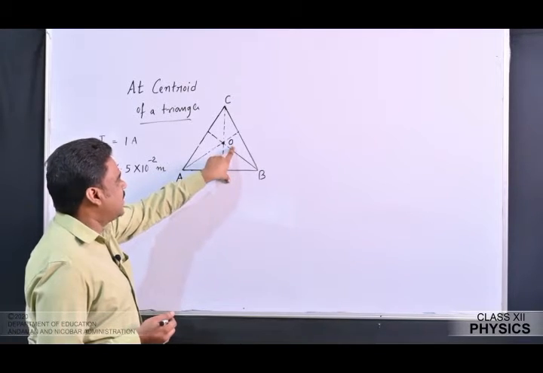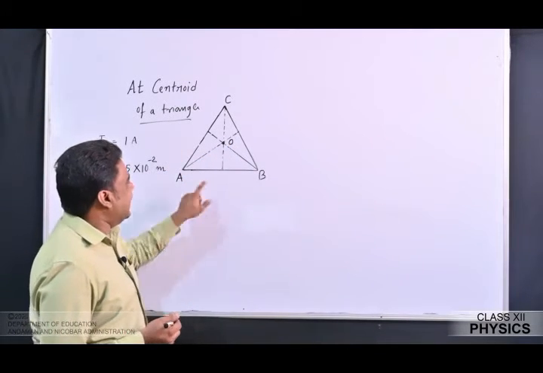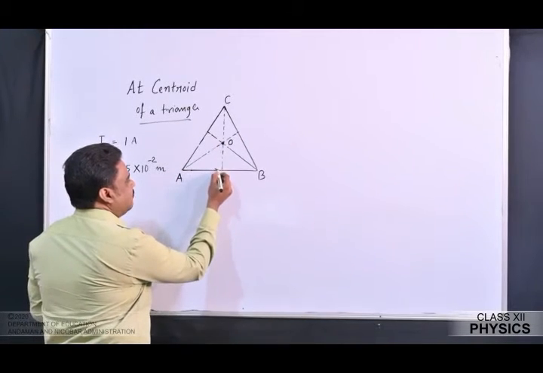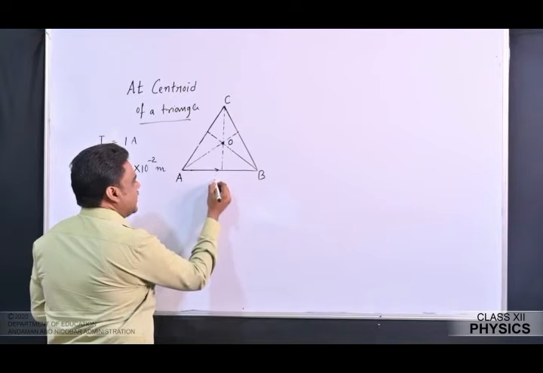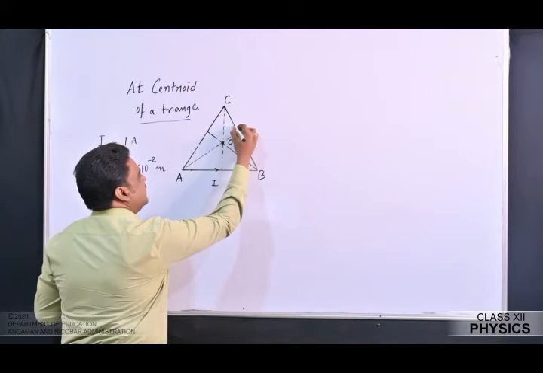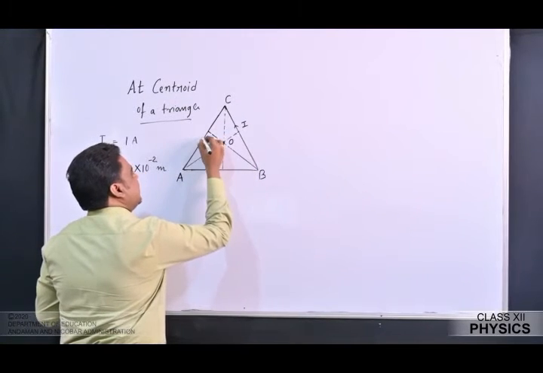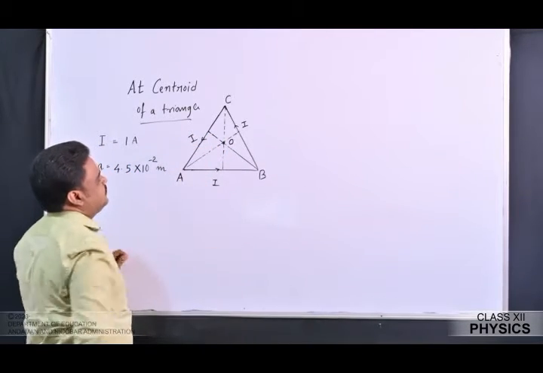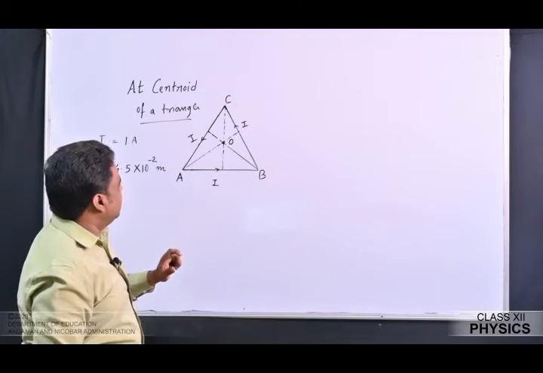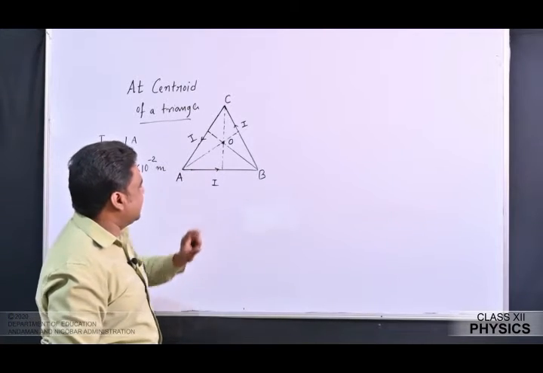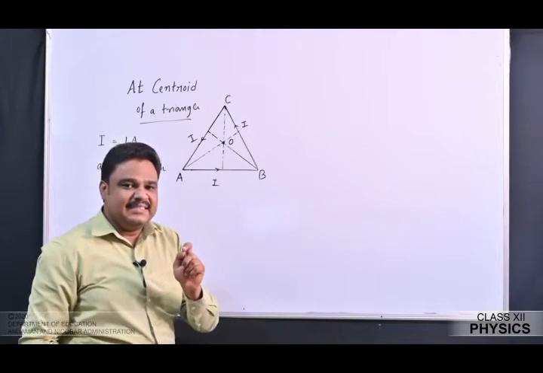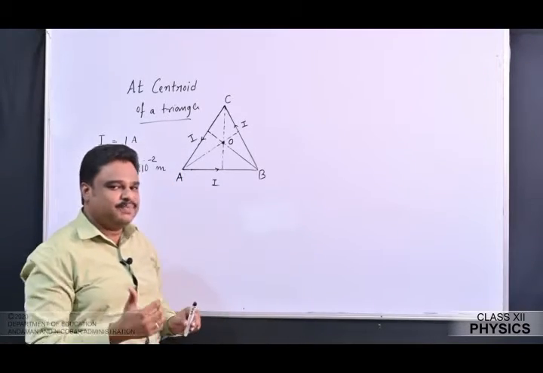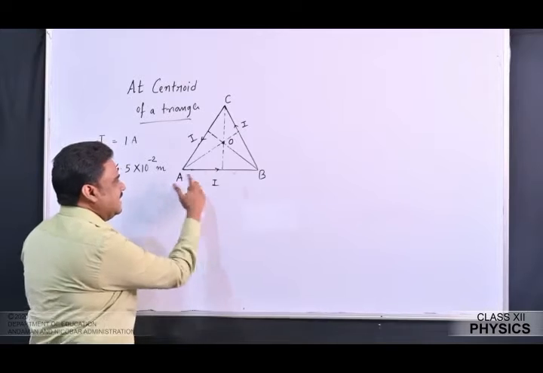At O, what will be the magnetic field when a current I flows through this loop? Let us suppose that a current I flows as marked in each side. Now, since the figure is symmetrical, let us check the direction for each side of the triangle. I am going to use my right hand thumb rule for the side AB.